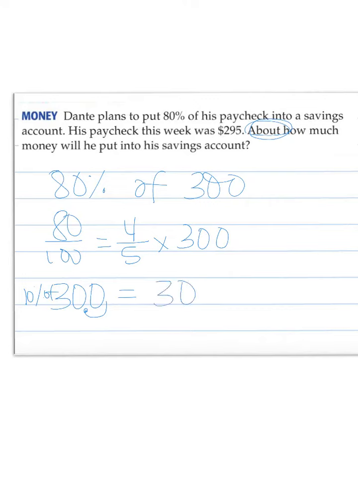Then you can take that 30, now we're looking for 80%, so we need to multiply it by 8. 3 times 8 is 24. Add your 0 back on. It would be about $240 that he would put in his savings account.